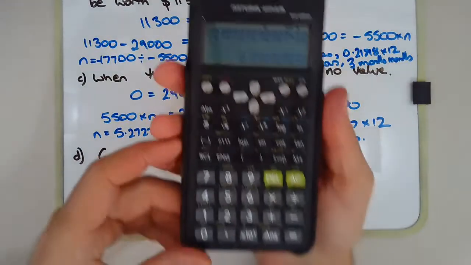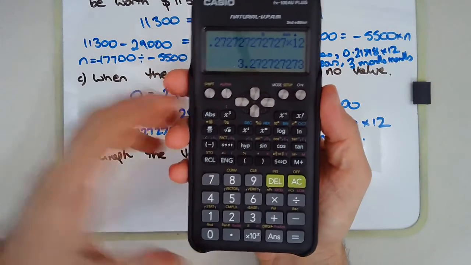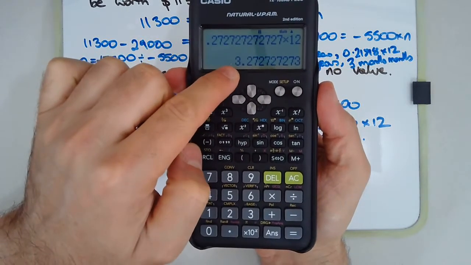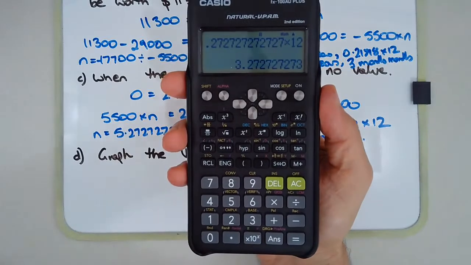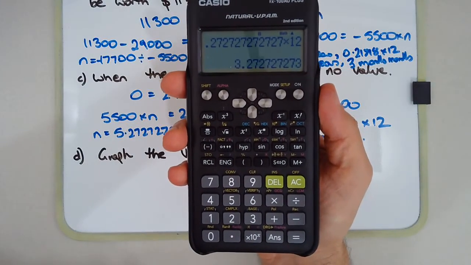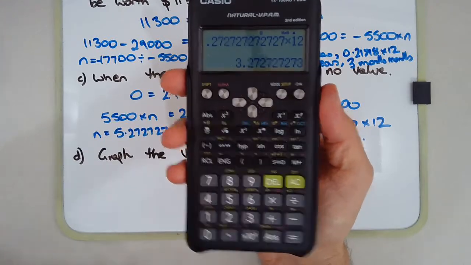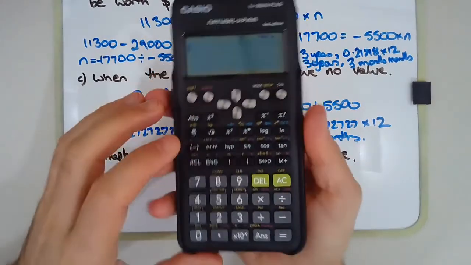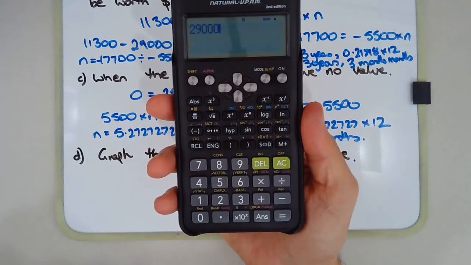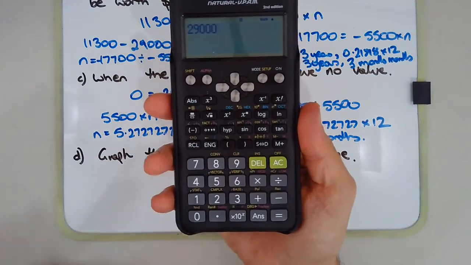So question then, why would I have rounded this answer up and not down? At 5 years and 3 months exactly, would the equipment have some value? Let's check. Starting off with $29,000, that's the original price.